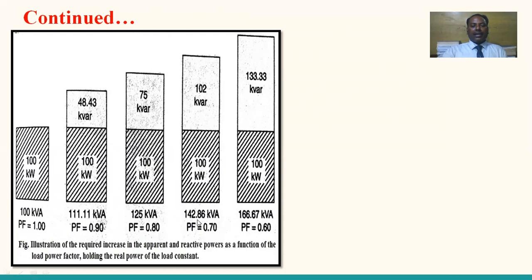Like that, you can reduce another step to 0.6, where the reactive power is 133.33 kVAR and the apparent power is 166.67 kVA.